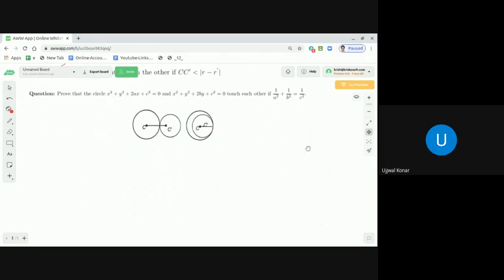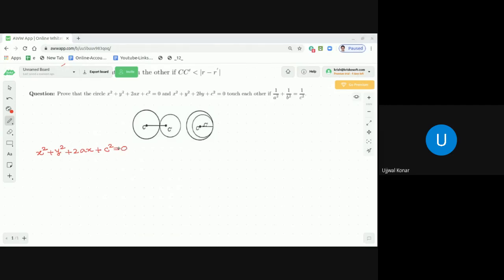So the first equation we can look into is x square plus y square plus 2ax plus c square equal to 0.